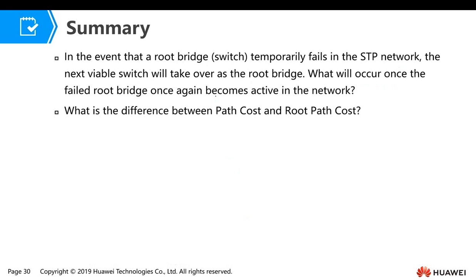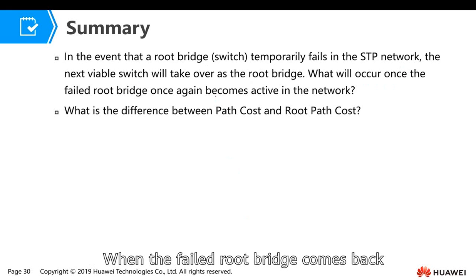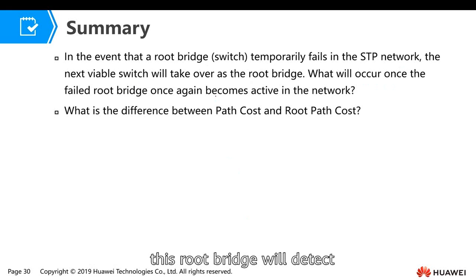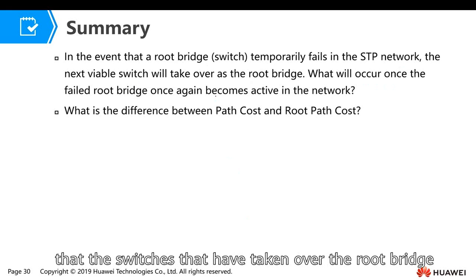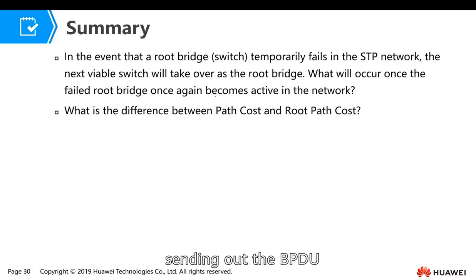When the failed root bridge comes back, it will detect that the switch that took over the root bridge role is sending out a BPDU, and this BPDU is not better than its own.